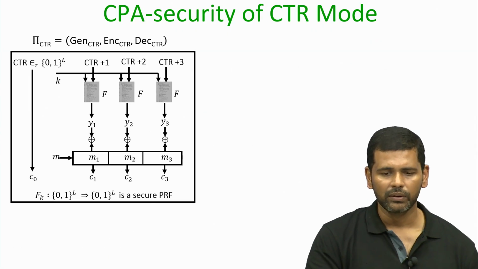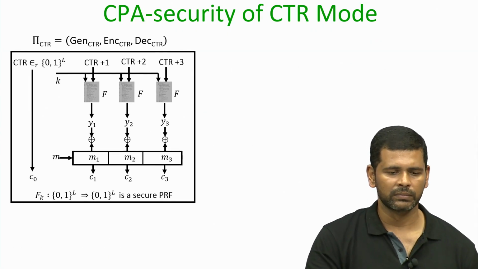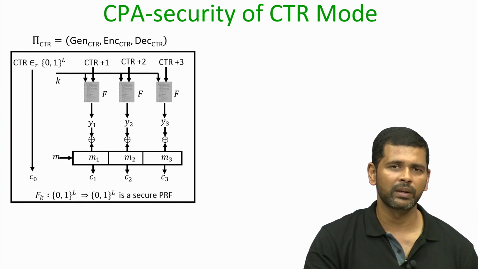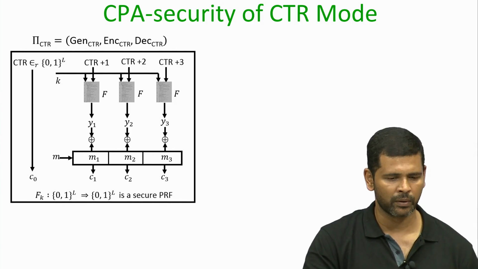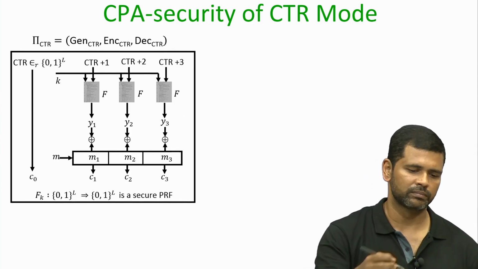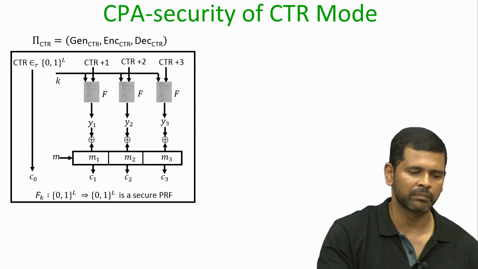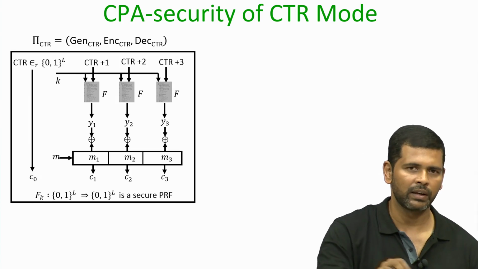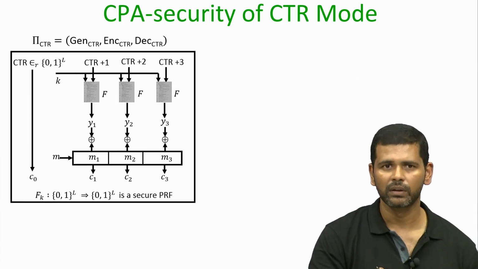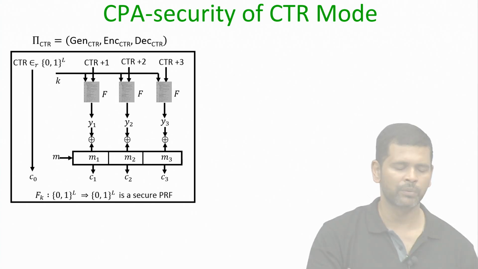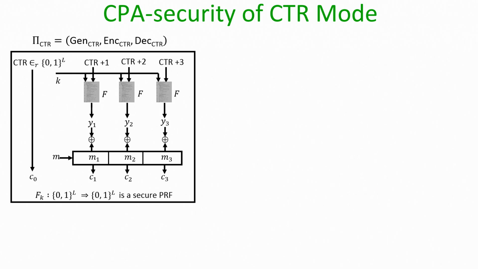Okay. So, now we want to do a rigorous security analysis of the CPA security for this counter mode of operation. I am going to use this example. Imagine a scenario where a sender has encrypted a message consisting of 3 blocks, and this is how the counter mode of operation would have operated, and we want to prove that it is CPA secure.